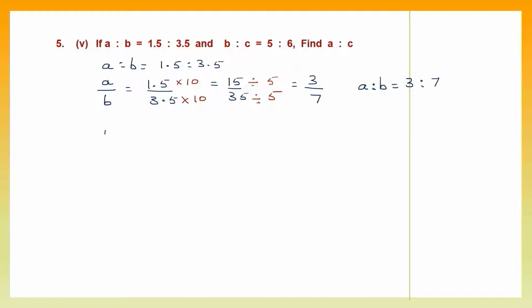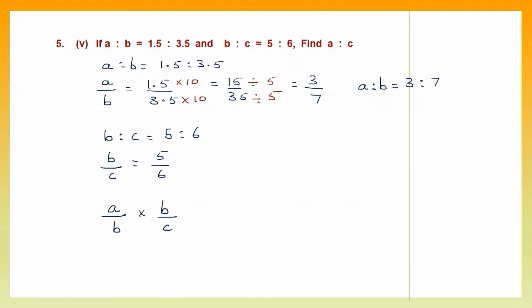B is to C equals 5 is to 6. This is already given to us. Let me write it as a fraction. B by C equals 5 by 6. So I already got both the fractions. Now let me find out how to remove B. So A by B into B by C.